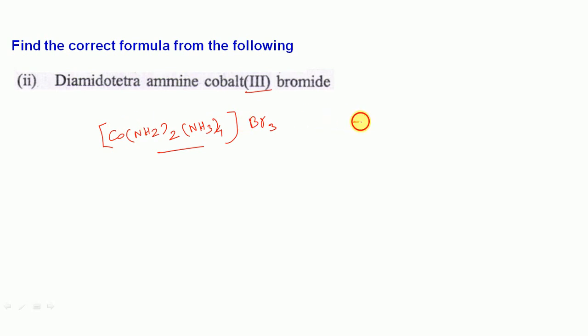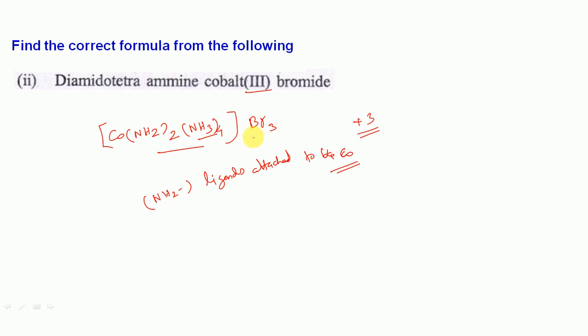So cobalt indicates the +3 oxidation state. Tetraammine means there are 4 ammonia ligands attached to the cobalt ion, and diamido means there are 2 amido, NH2, ligands attached to the cobalt ion.